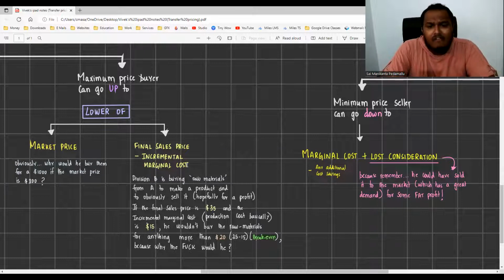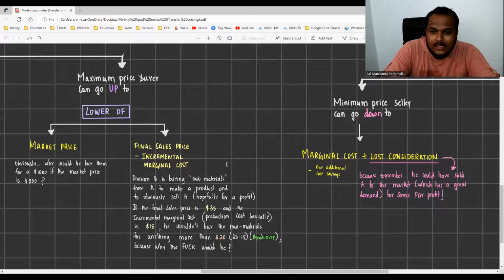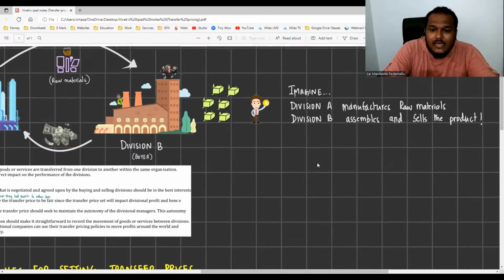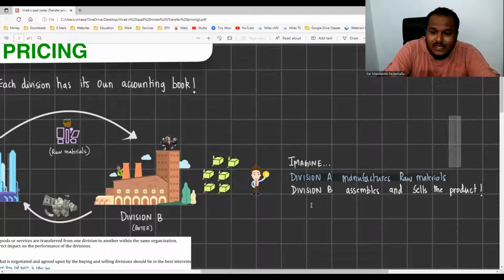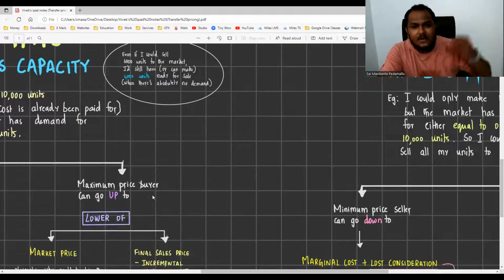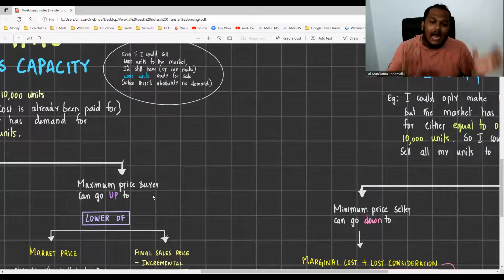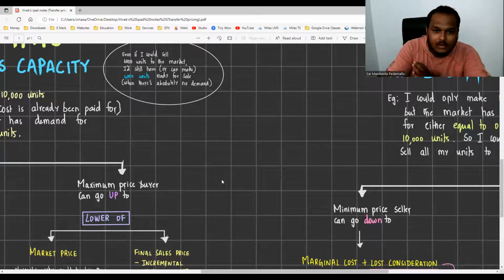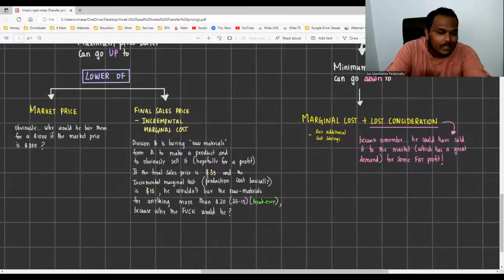What do we mean by final sale price minus incremental marginal cost? Suppose in this example that we started with, division A is producing the raw material and division B is assembling and selling it. So division B also incurs further cost: purchasing from A, assembling, and then packaging and selling the final good to the end consumer.